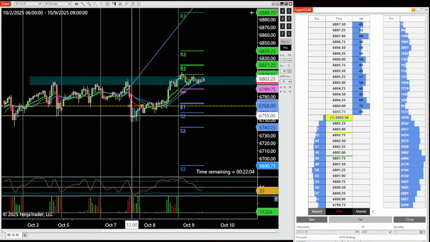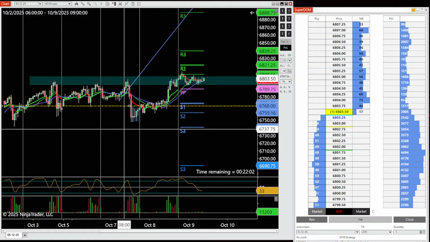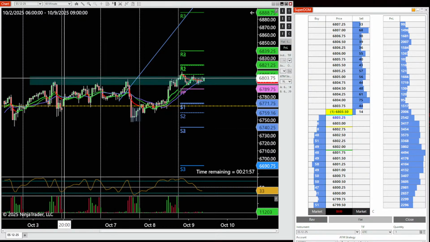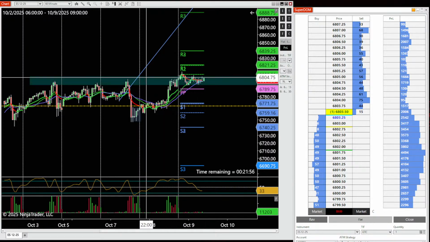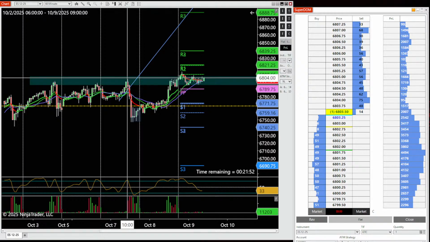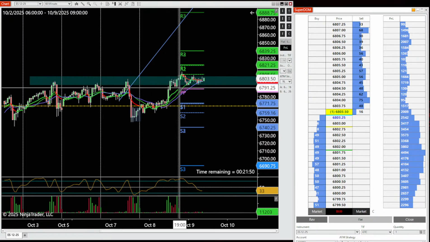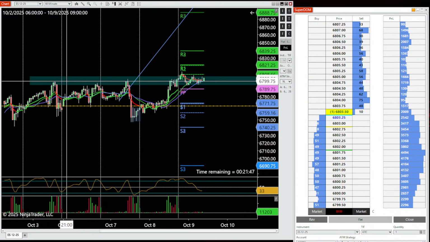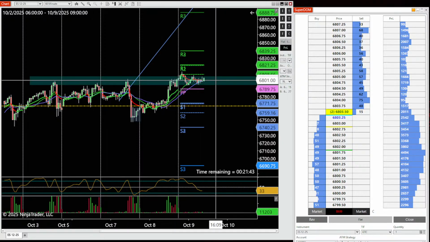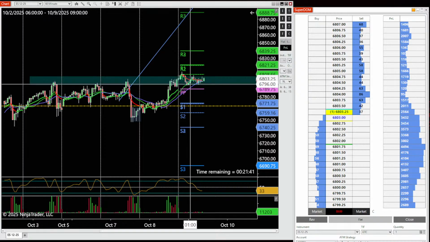We went over and under a few days. Up here, this block right here, this cayenne square, is a consolidation area where we're in right now.